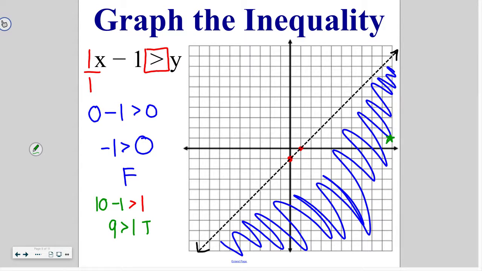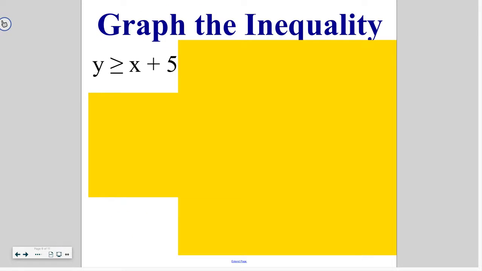So you could pick out any point on that right side of the line, anywhere in that blue shaded area, and you would get all true statements. If you picked anything from the left side or that not shaded area, you would get all false statements. So go ahead and try this one on your own, graphing the line and then shading in the correct solution side.